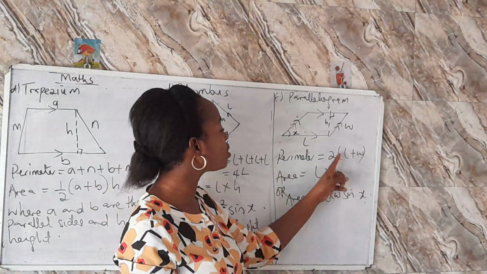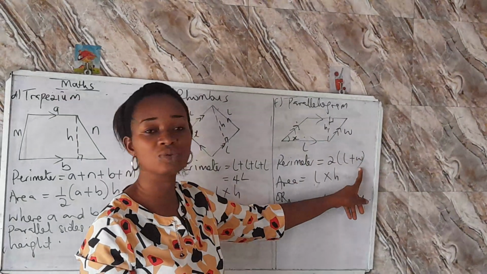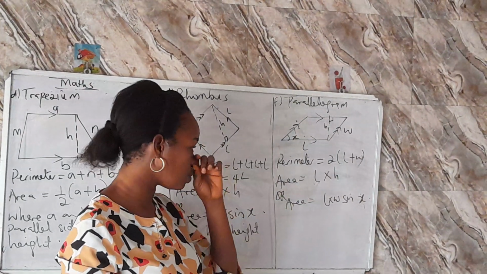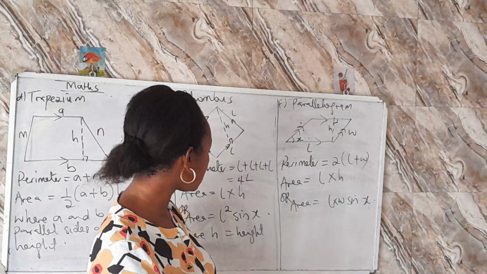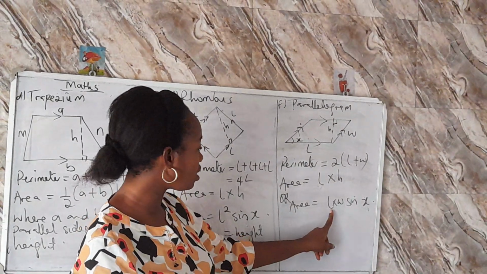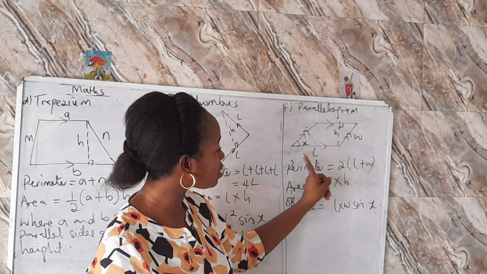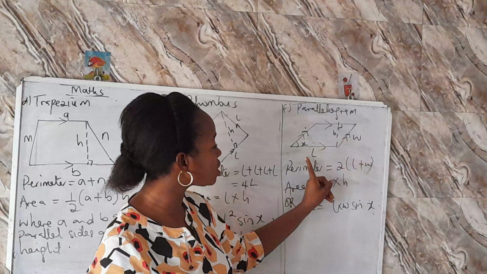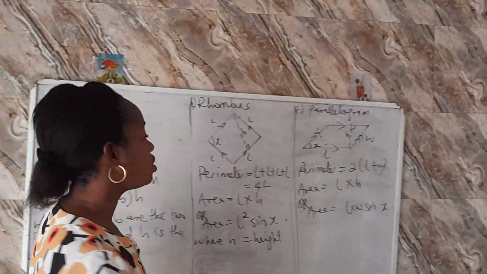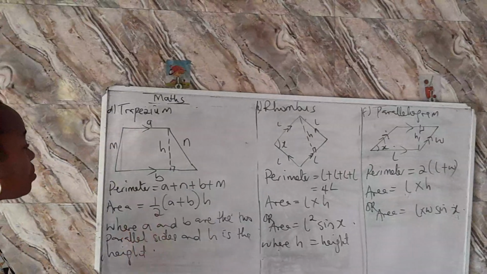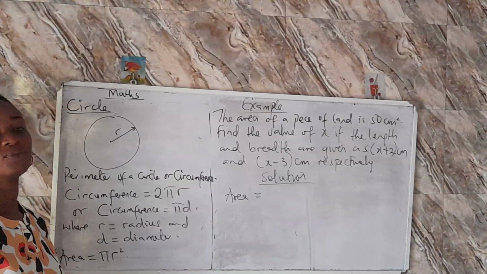The perimeter will be 2 bracket length plus width, the sum of the two sides times 2. The area will be length times height, or length times width times sine x, the product of these two sides times the sine of this angle here. So we will be making use of those formulas in solving problems.